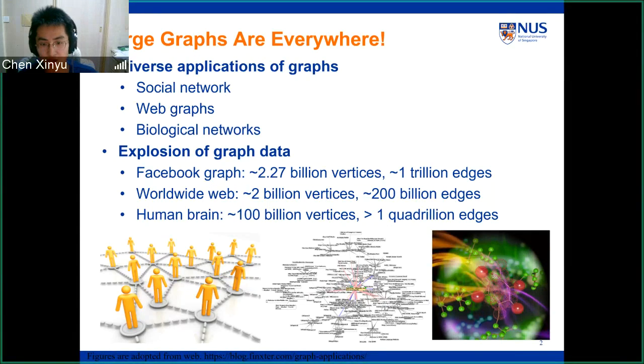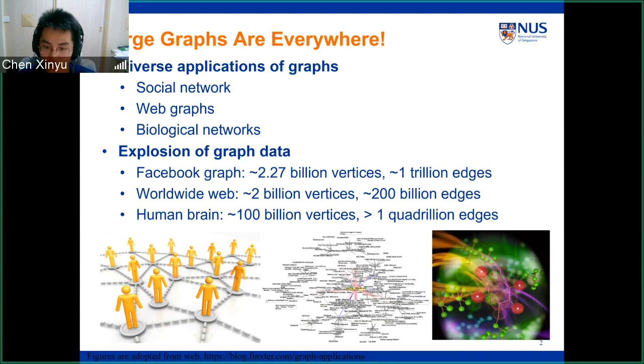And as we all know, we are in the big data age. The data has actually exploded. For example, the Facebook graph can contain more than 1 trillion edges, a World Wide Web graph can contain 200 billion edges, and the human brain can contain up to 1 quadrillion edges.